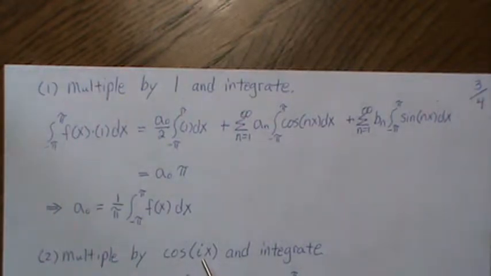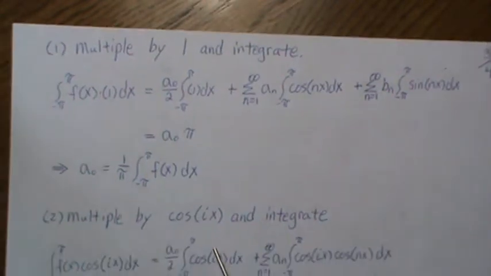Towards the end of this series, we're potentially going to talk about the Fourier series in the complex world. But in here, this means it's an integer, an index from 1 to infinity. And so this represents one of the basis functions.